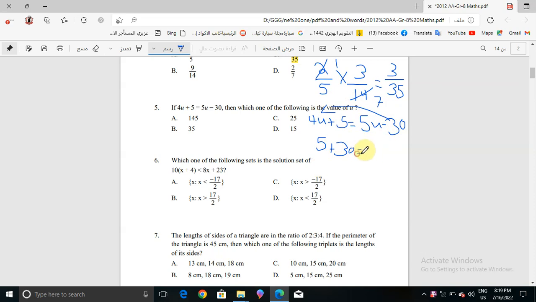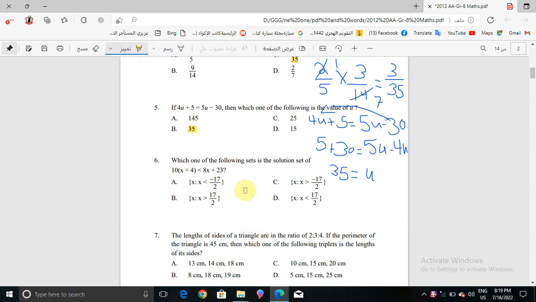So 5 plus 30 is equal to 5u minus 4u. Now what we will do here, we'll make 35 is equal to, here what we have, 5u minus 4u, that means only 1u, that means u is equal to 35. That means the answer for question number 5 will be choice B.